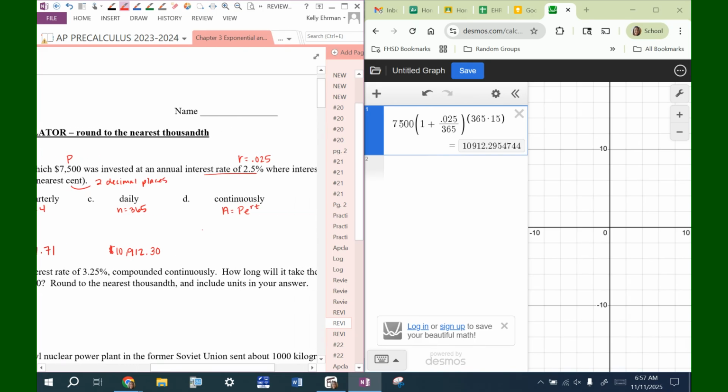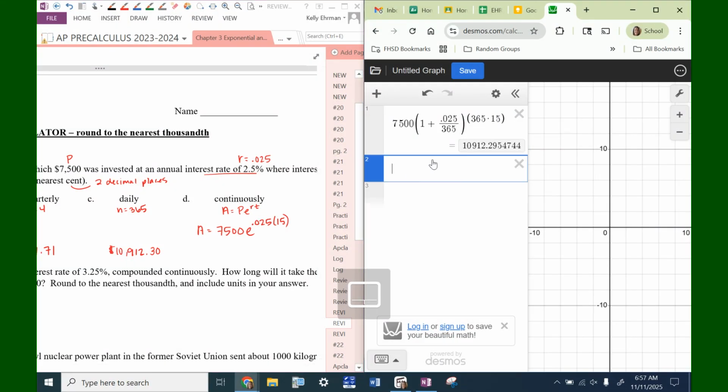And I need to type in a different formula for continuous compounding. So 7,500 times e to the 0.025 times 15. All right. So 7,500 e to the 0.025 times 15.